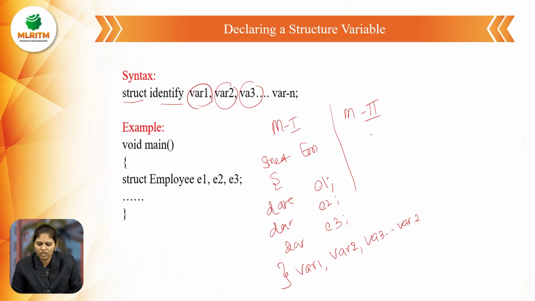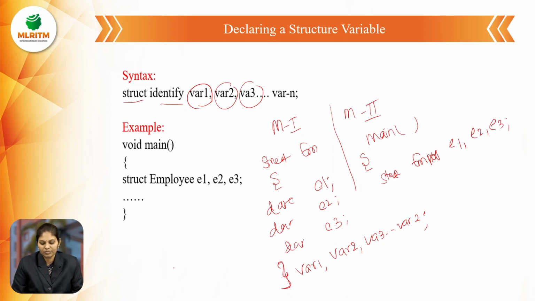In method 2, you take the main function, and in it you create the variables in this manner: struct employee E1, struct employee E1, E2, E3 and so on up to En. In an array, you take elements of one data type, like an array of size 5 equals curly braces, and you mention the different elements there.